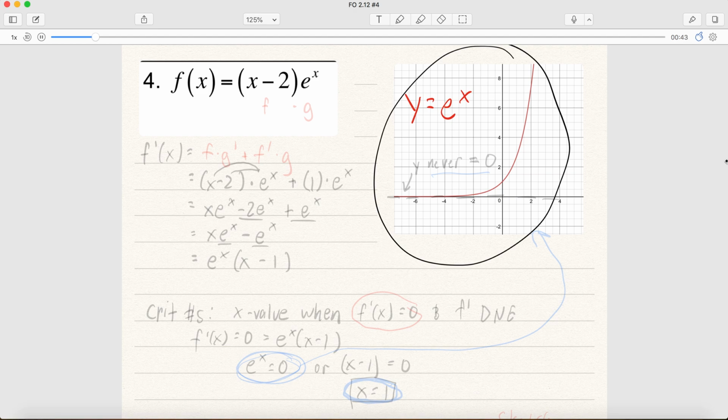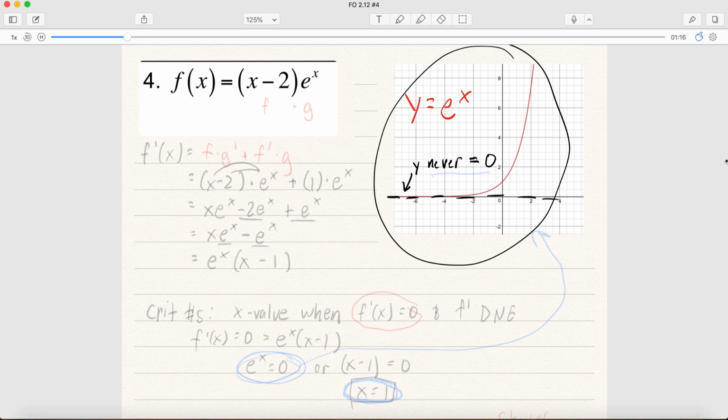And what we do know about exponential graphs is that if it's not transformed by shifting it up or down, there is actually a horizontal asymptote here, and in this case, there is never a time where the y value actually reaches 0. So I just want to point out that y never equals 0. Okay, so just want to remind you of that. We're going to need this information soon.